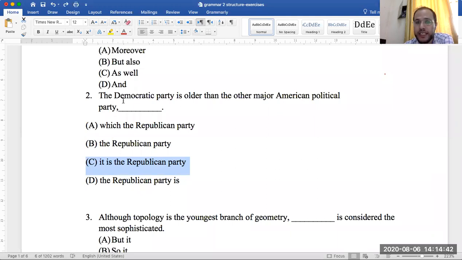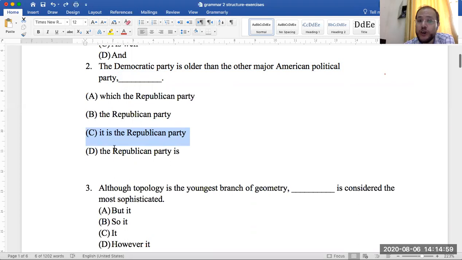If you choose C, it means you connect 2 sentences, 2 simple sentences by a comma, and the comma doesn't connect. Remember I said early in the course, this is probably the most significant piece of information. The comma doesn't connect. So C is wrong, and D is wrong, because also there is a subject and verb. So the Republican Party is, the Republican Party is what? Is something.